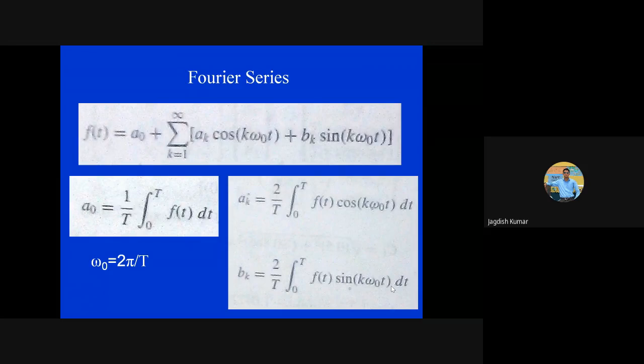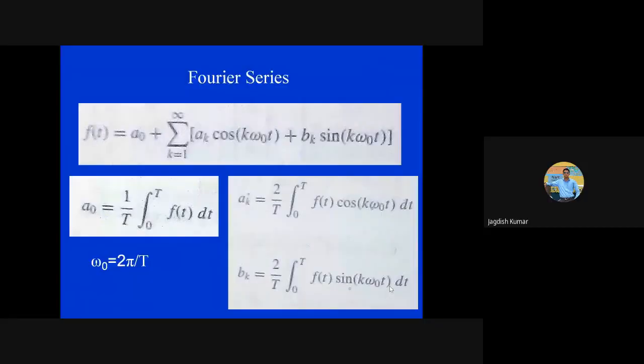So the interesting thing is that any function which is periodic with periodicity T can be written as a sum of periodic functions which are sinusoidal. Now, what is the difference between f of t and this sine of omega naught t?